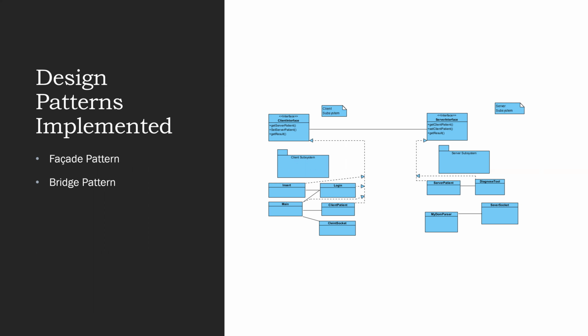The bridge pattern will facilitate the expansion of this system in the future. For instance, looking at the diagnose tool, this diagnose tool will be able to be replaced with a fully functional, intelligent system in the future with no difficulty. Now, the demonstration.